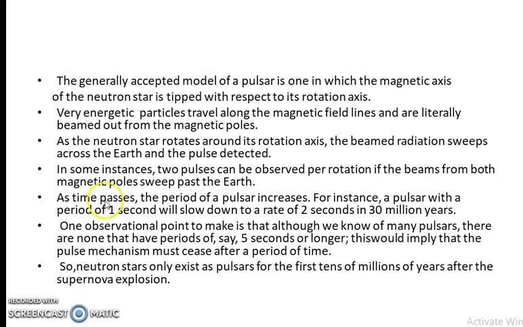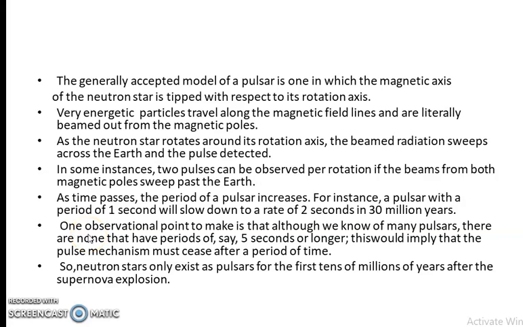theory. So as time passes, the period of the pulsar increases. For example, a pulsar with a period of 1 second will slow down to a period of 2 seconds in 30 million years. അപ്പോൾ 30 million years ഒക്കെ എടുത്തു കഴിഞ്ഞാൽ അതിന്റെ പീരിയഡ് ഇൻക്രീസ് ചെയ്യുന്നു, അതായത് റൊട്ടേഷൻ റേറ്റ് ഡിക്രീസ് ചെയ്യും.